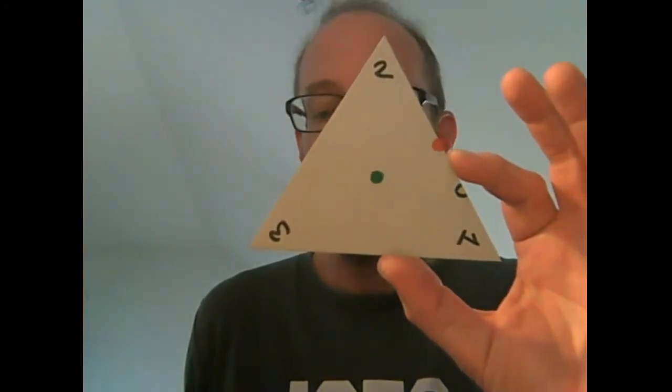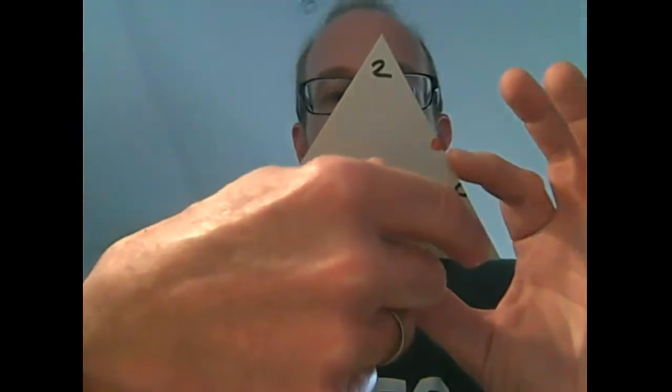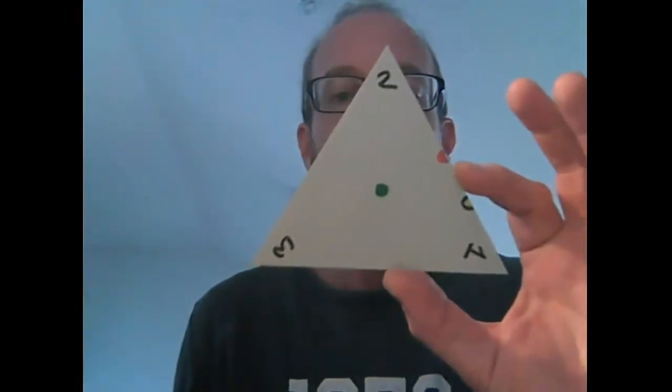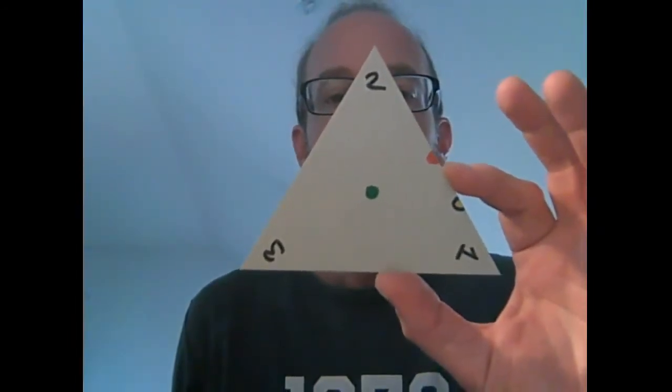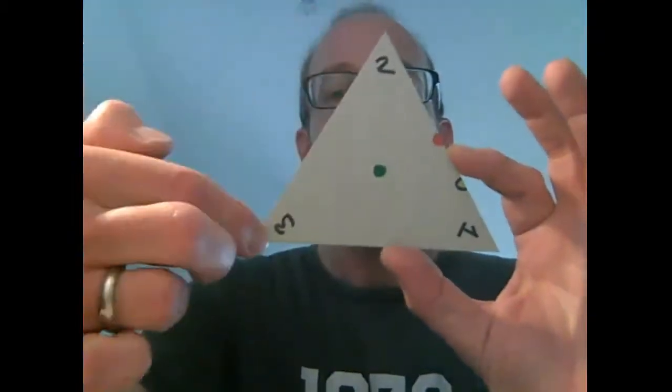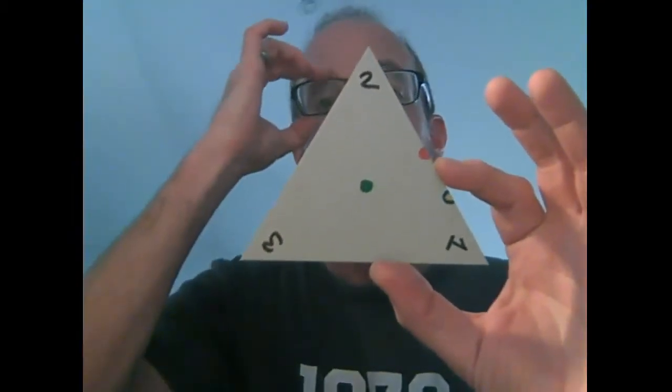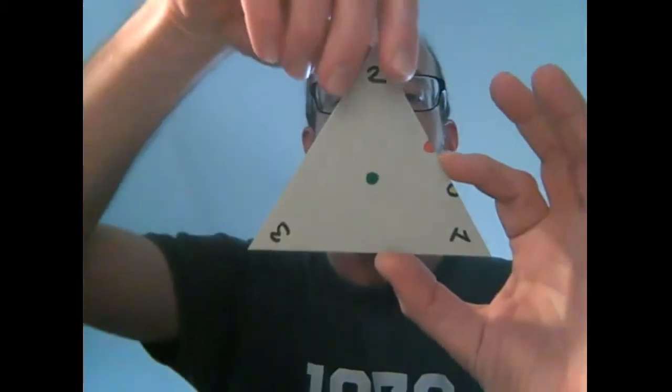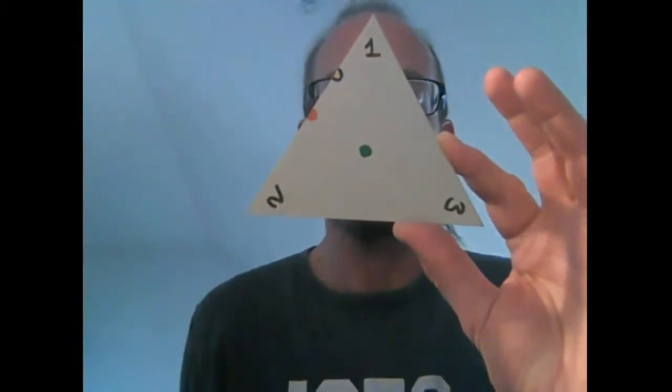Now, what about the numbers? I wrote the numbers 1, 2, 3 in the corners here. So by reading off the numbers in this order, I can take note of the configuration of the triangle. So after one rotation, it's here 3, 1, 2.